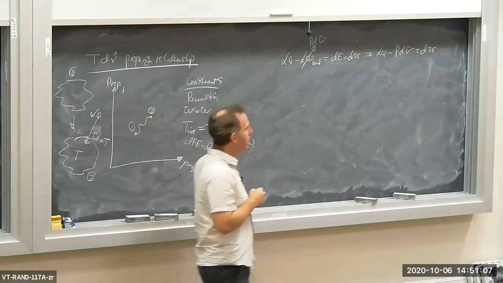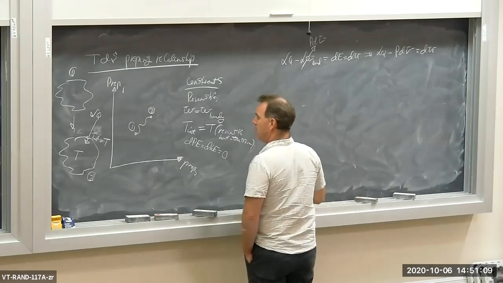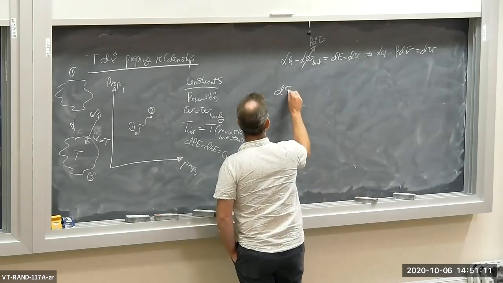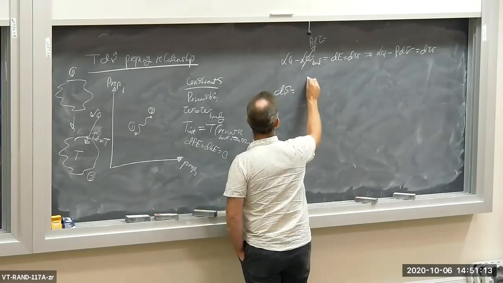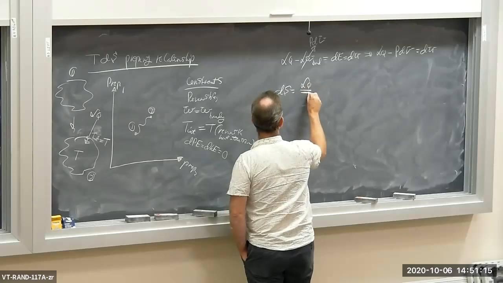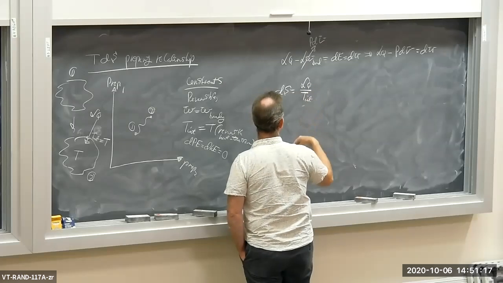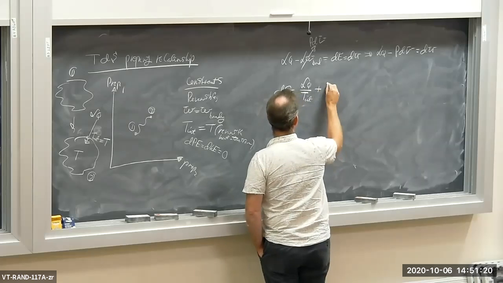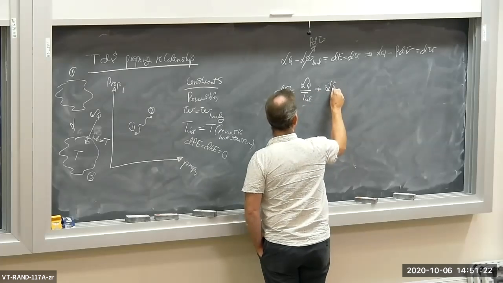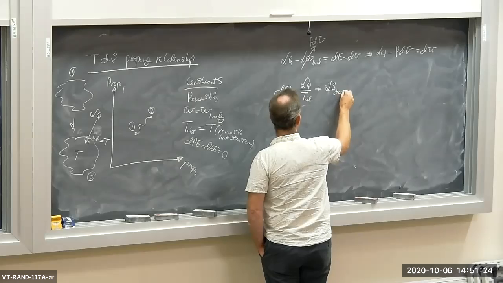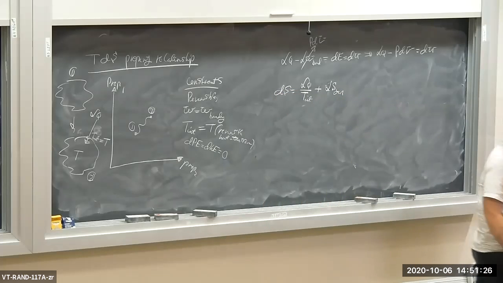Let's write the entropy balance. dS is equal to δQ over T interaction plus δS gen. That's the entropy balance for a closed system.